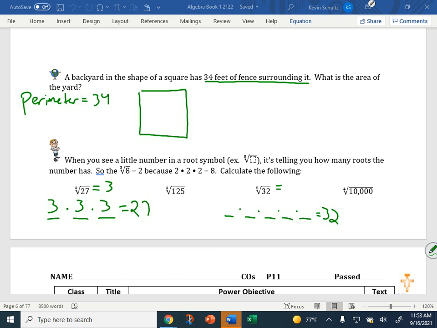So the fifth root of 32 is 2 because 2 times 2 times 2 times 2 times 2 equals 32. We'll come back to these different degrees of roots like in objective 63 or something like that, maybe 61. But if you see them, here's a kind of background as to what they mean and what you would do to solve them. Okay?